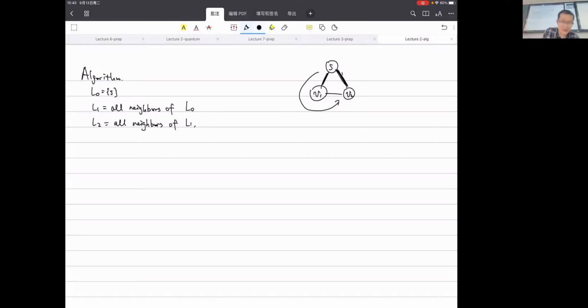So this definition is probably not the best, and we are going to do something a little bit more clever than this. This is not so difficult: in general, we can consider all nodes that do not belong to L0 or L1, and that have an edge to a node in L1.